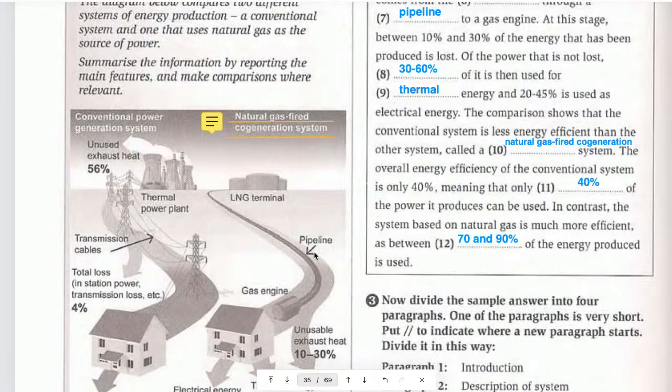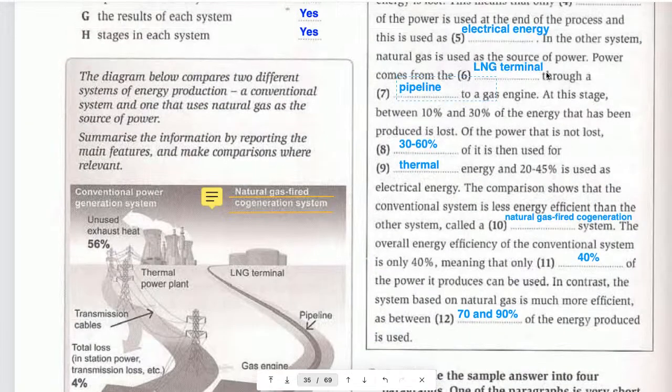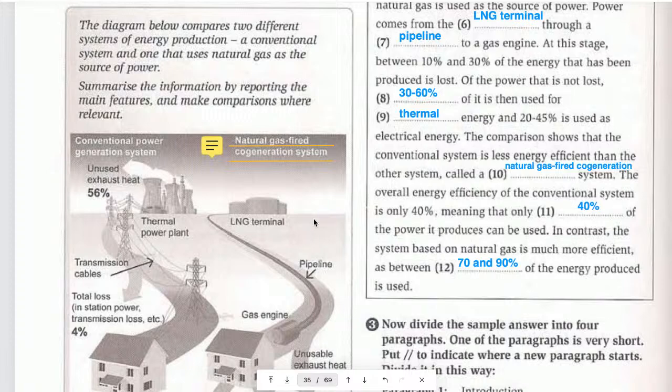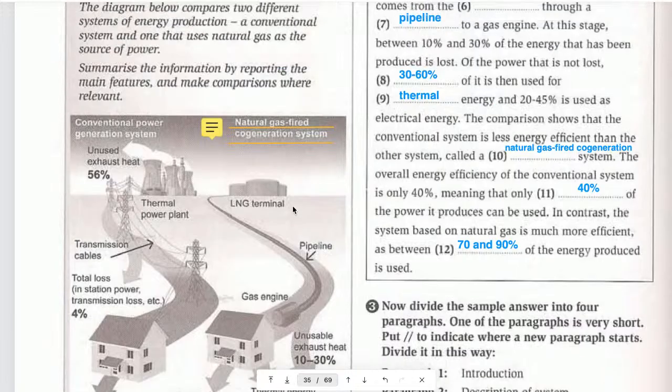You see they mention the name pipeline. So what you see in the diagram, that's what they call a pipeline. So you just mention pipeline there. Okay, power comes from the LNG terminal through a pipeline to what? To a gas engine. You can see the word gas engine right there as well. Okay, so it just describes the system. All right.